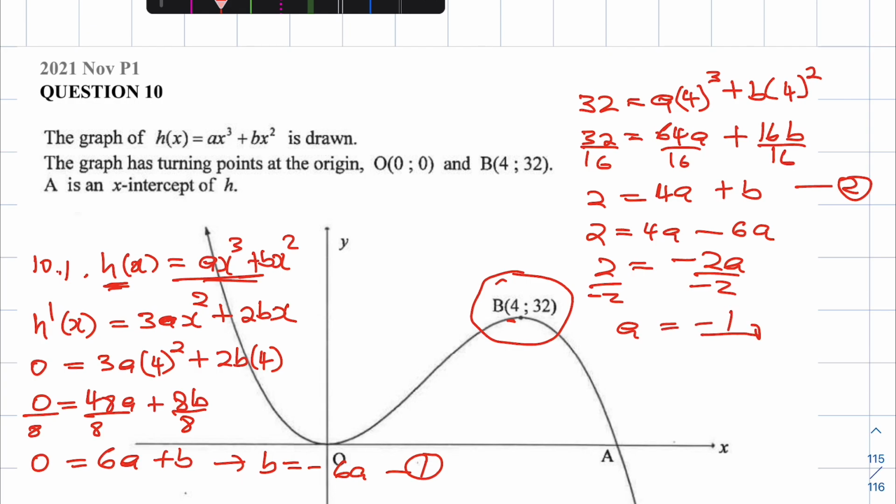And then to get b, let's substitute negative 1. So it's negative 6 times negative 1, which is equal to positive 6. So we got what they wanted us to prove. So our equation is h of x is equal to negative x to the power 3 plus 6x squared.